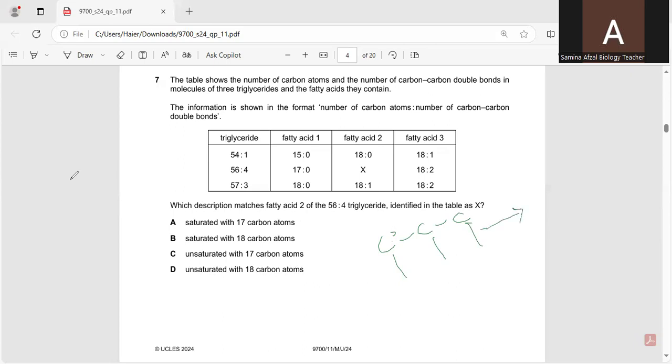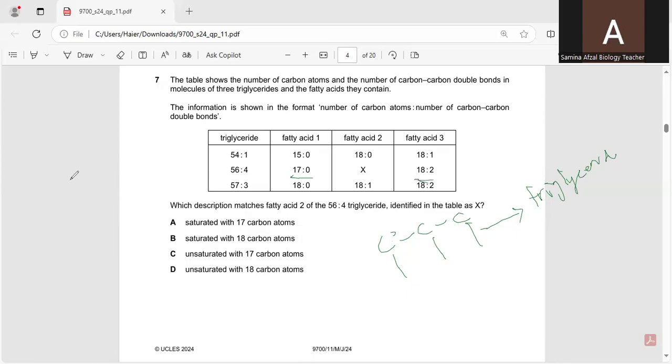They will make up triglycerides. So a triglyceride will join with 3 fatty acids. Fatty acid 1: 15, 18, and 18, if we count them, it will not be equal to 54. And the other is 17 and 18.